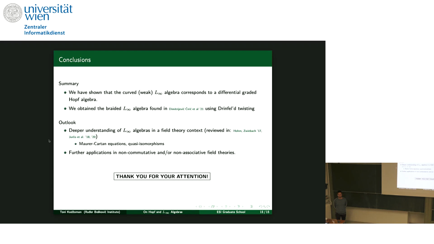Bibliographical remark. You quote at the beginning the work by Lada and Stasheff in '92. You are perfectly right, this is a good reference. But I must say that up to homotopy structures are much older. Stasheff himself did that in the algebraic topological context as early as, I would say, the late 60s. Infinity and L-infinity structures up to homotopy.